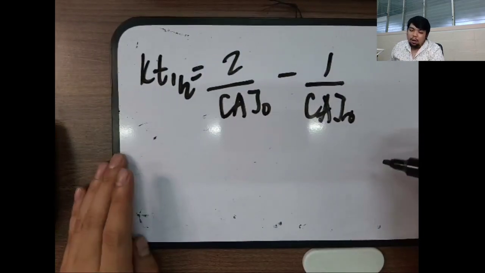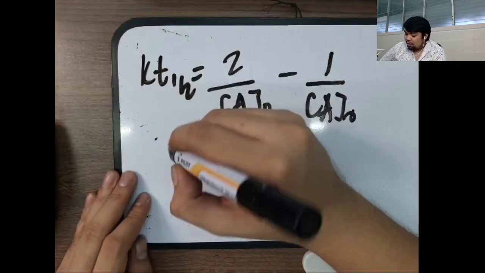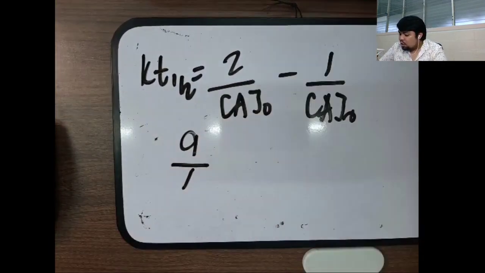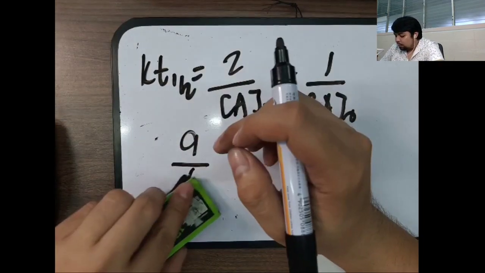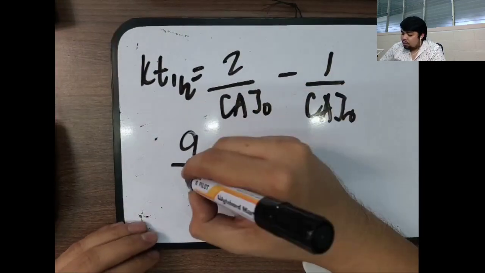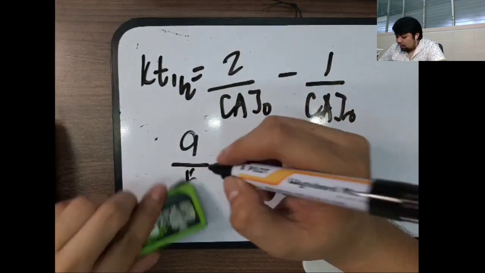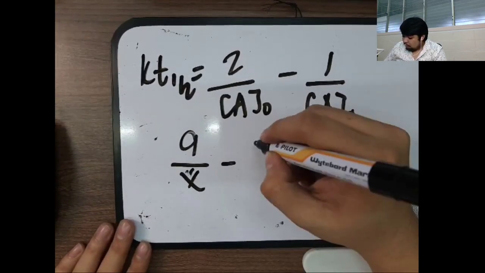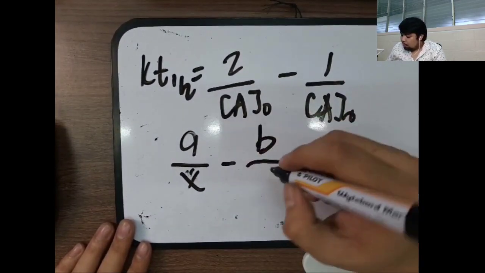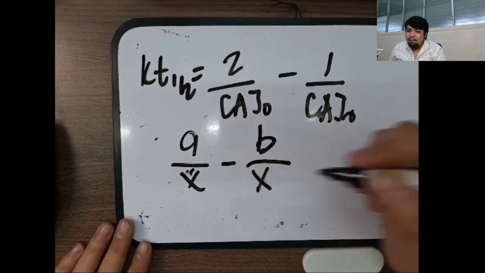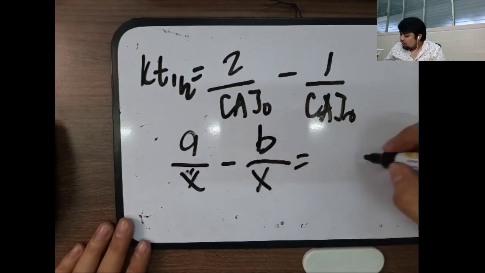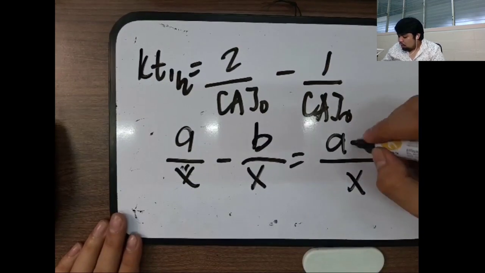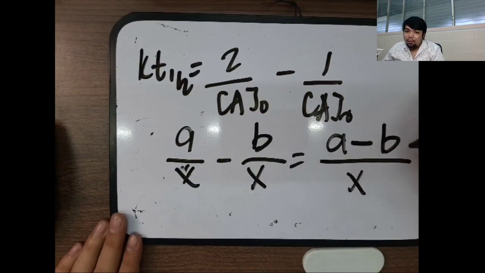Remember the properties of fractions: if a subtraction operation is done between two fractions of the same denominator, you can just copy the denominator, then subtract the numerators directly, okay?